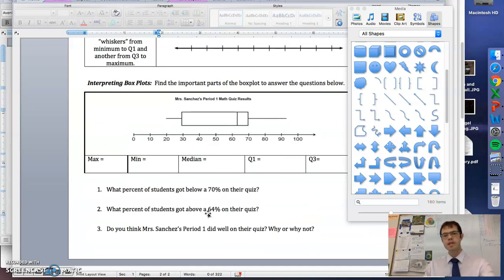There's also some questions here to just make sure that you can read a box plot to see what it means, right? So you should be able to look at this box plot of Mrs. Sanchez's math quiz results and tell me about how the students in her math class did on the math quiz. If you have any questions, of course, I should be circulating around the room right now to help you with any of that.